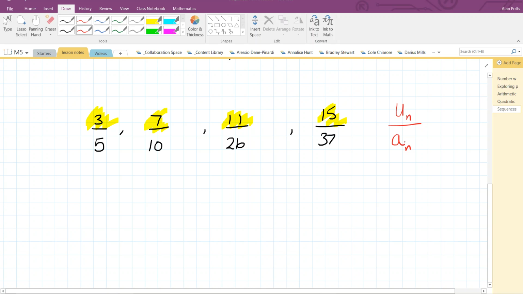We treat it as two separate ones, one on top, one on bottom, rather than thinking of the fractions as their own individual thing. I don't want to convert them into decimals, as that makes rounding and all that kind of stuff, which makes it inaccurate. We treat it like two separate sequences.